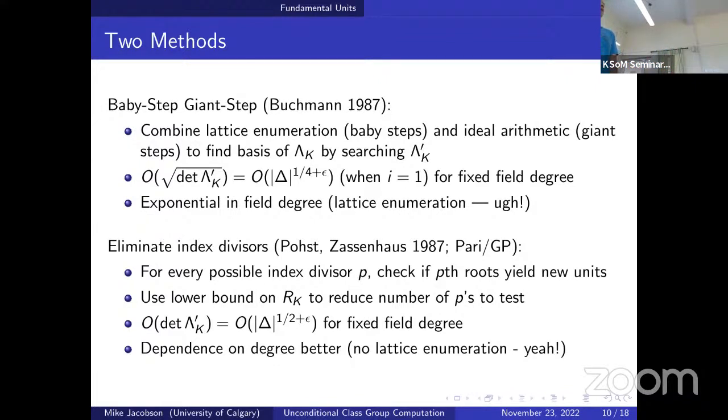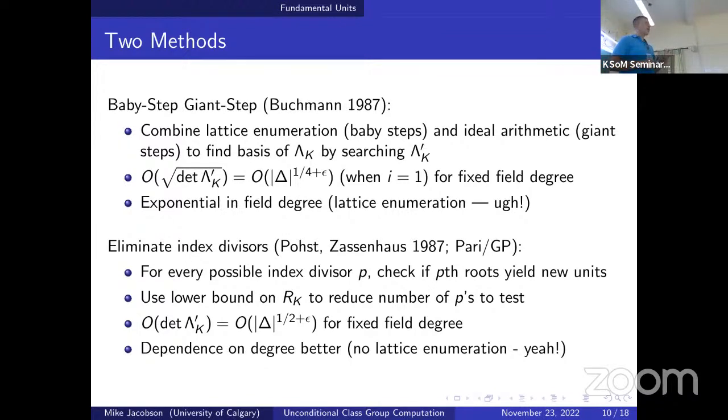But a big reason why people like to do this in things like Magma is that there's no lattice enumeration. So the dependence on the unit rank is sort of gone. So that's why you find them. But how are you checking pth roots of units, whether they yield new units, without doing an exhaustive search with lattices? Well, that's where Pohst, Zassenhaus and some later collaborators found really nice systematic ways to do that.